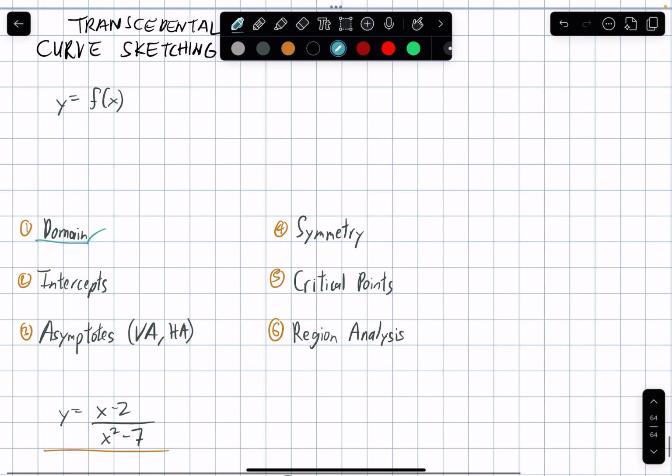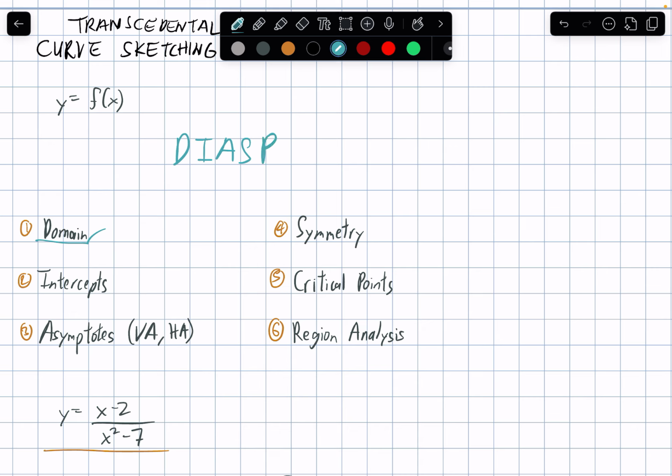In transcendental curve sketching, you have to memorize, obviously, the 6 things that you have to find. So what's an acronym for it? We have domain, intercept, asymptotes, symmetry, critical points, abbreviated as P. Actually, for critical points, it helps if you abbreviate it as PO.